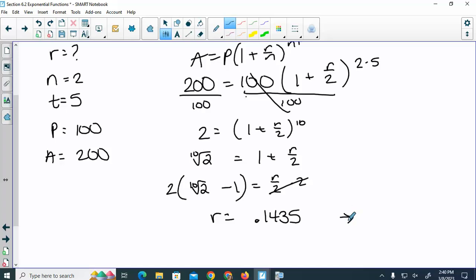So that would be 14.35%. It's a very high rate, which makes sense, because if you're going to double something, it would take a pretty high rate to be able to do that.